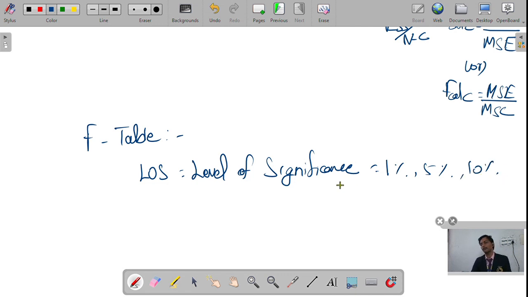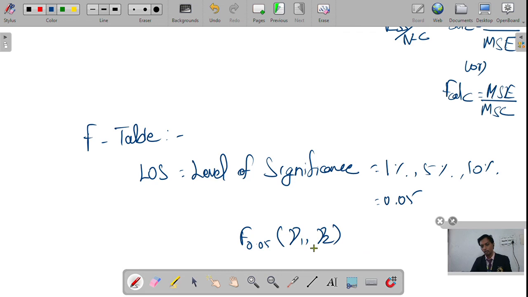Sometimes a problem does not hold the level of significance. If it is absent in any problem, that means you have to use 5%, or 0.05. So F 0.05 of nu1 comma nu2.